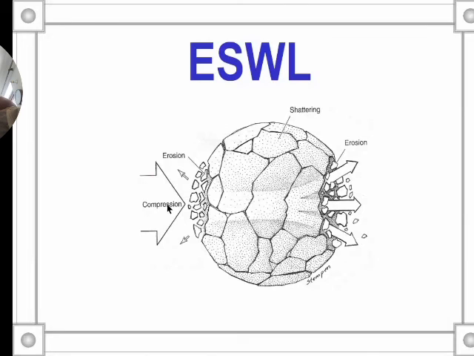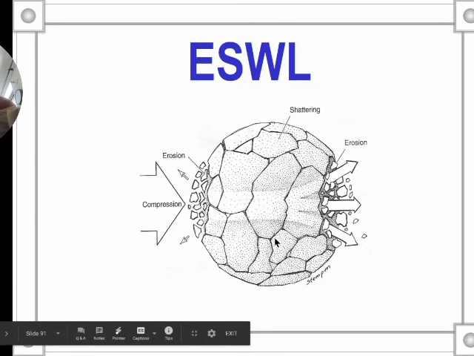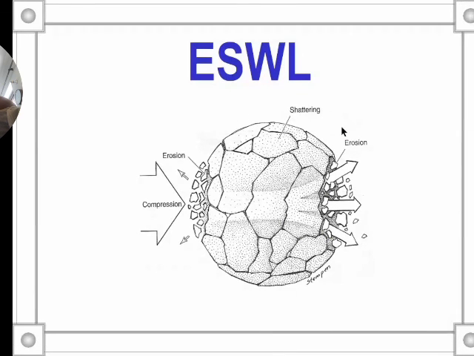You produce these shock waves and focus them on the stone. These compression waves cause erosion of the stone. So this big stone will get fragmented into small pieces, and then through the ureter and the bladder, they will be excreted in the urine.